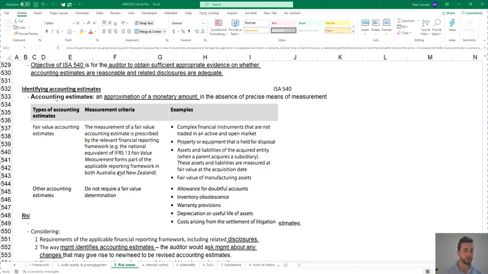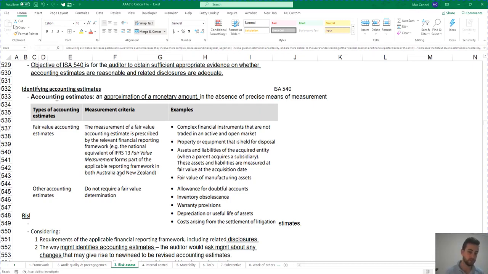And then the second major category of accounting estimates is other. It's not to do with fair value determination, but it is to do with, for example, allowance for doubtful debts. How do you know what percentage of your debts aren't going to be paid? You don't know until it actually occurs, so it's just an estimate. It could be inventory obsolescence. Normally there'd be a provision to reflect inventory going bad.